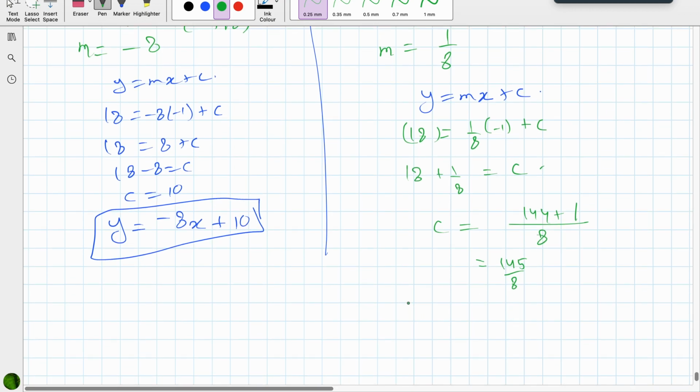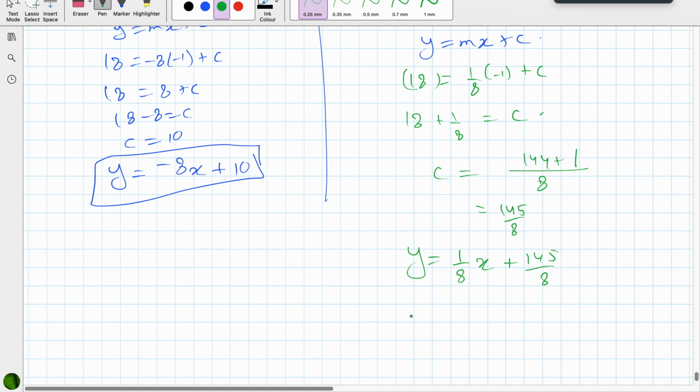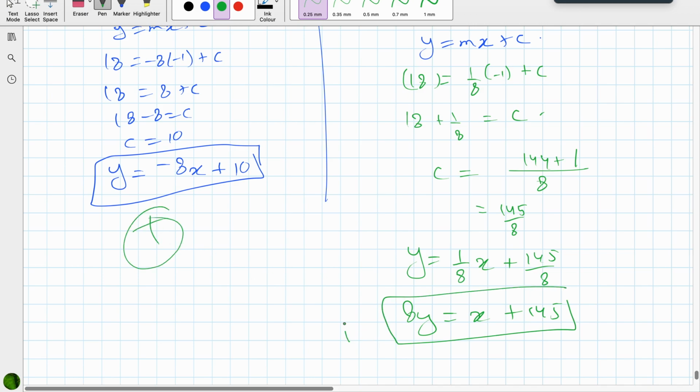Second equation is 8y equals x plus 145. So that is the equation of tangent and equation of normal at the point when x is minus 1.